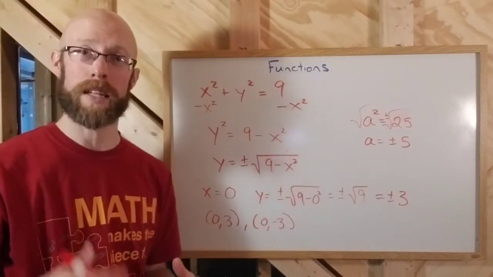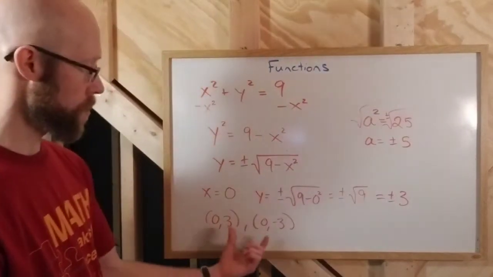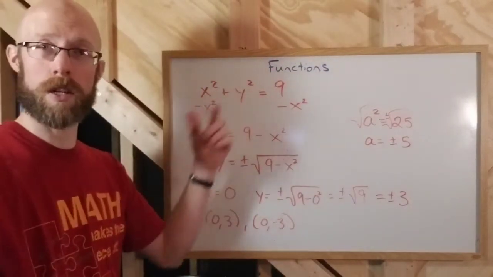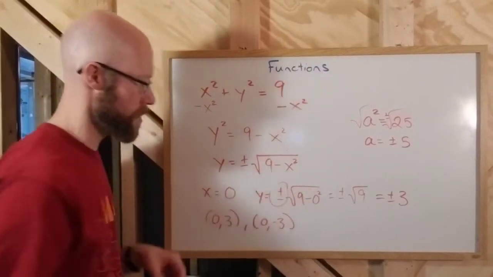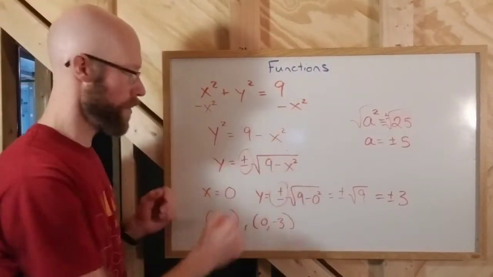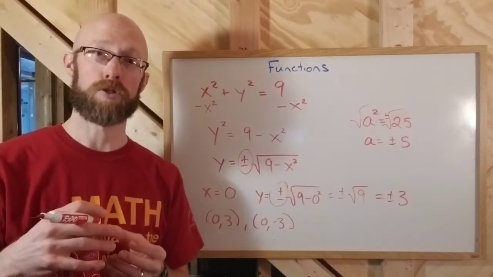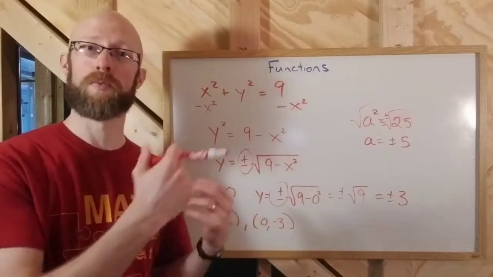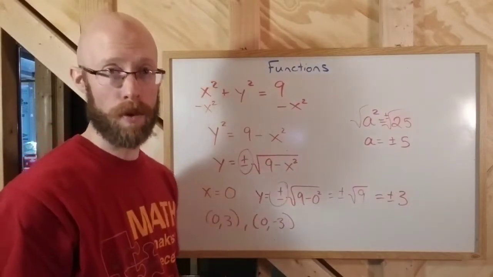That can't happen. That's a violation of the definition of a function. And so this original relationship is not a function. It really comes down to this plus or minus. When you have that plus or minus option, you create the potential for more than one output from the same input.